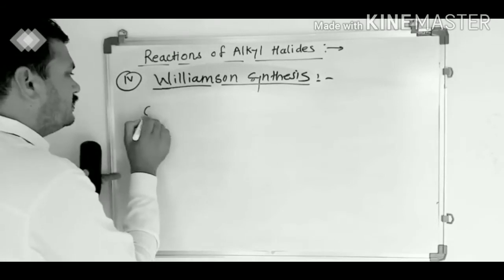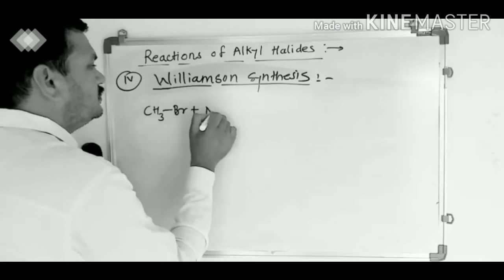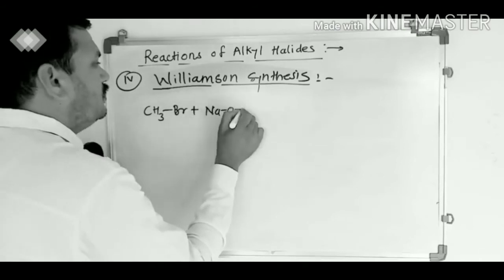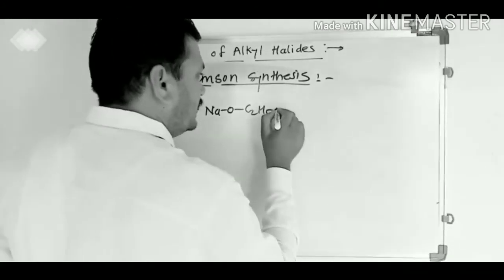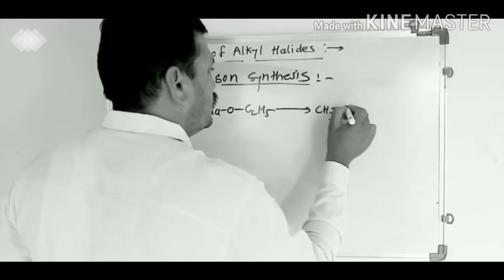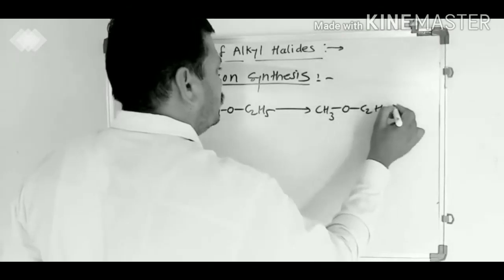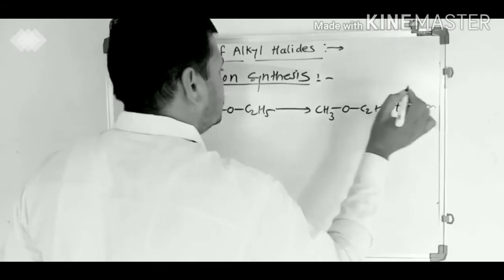For that we take the example of methyl bromide reacts with sodium ethoxide. Formation of the product, it is CH3OC2H5 plus NaBr is the byproduct.